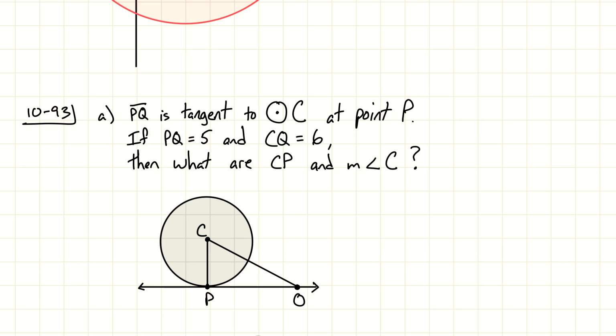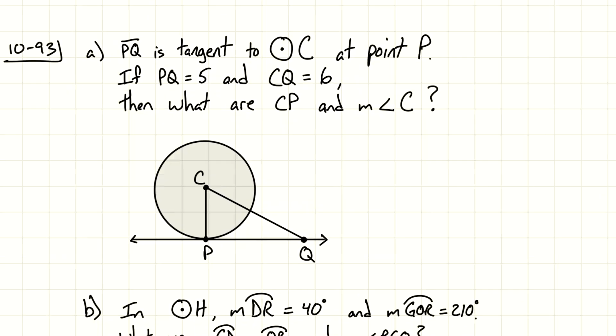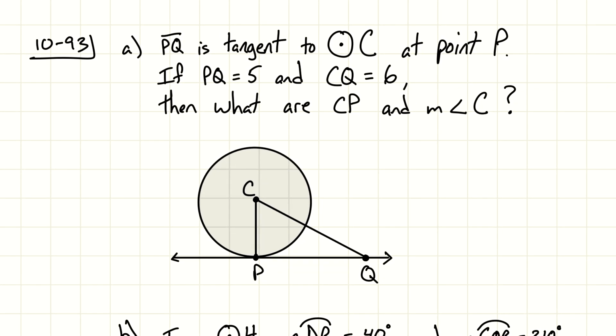All right, so here we have, let me zoom into this one. Segment PQ is tangent to the circle with center C at point P. If PQ is equal to 5 and CQ is equal to 6, then what I want to figure out is what's CP and what's the measurement of angle C. All right, so the first thing I would probably do is fill in some information.